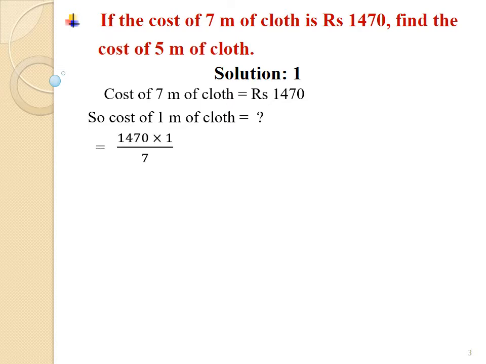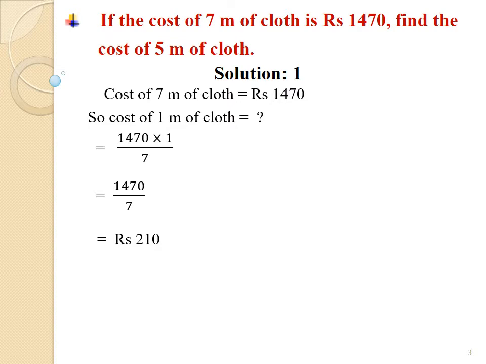Now multiplying 1470 by 1 and keeping denominator 7 as it is, we get 1470 by 7. Now dividing 1470 by 7, we get 210. Thus, cost of 1 meter of cloth is rupees 210.